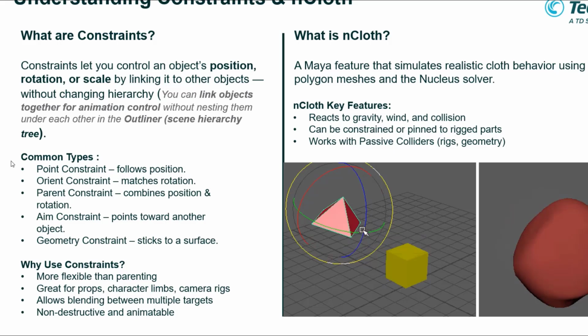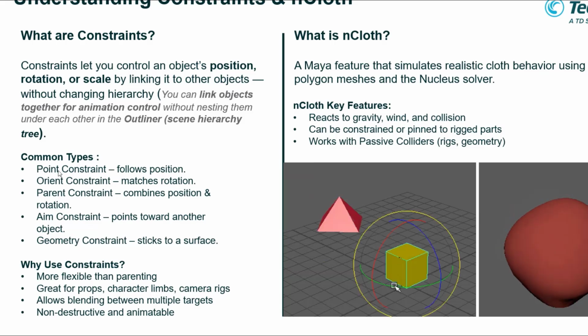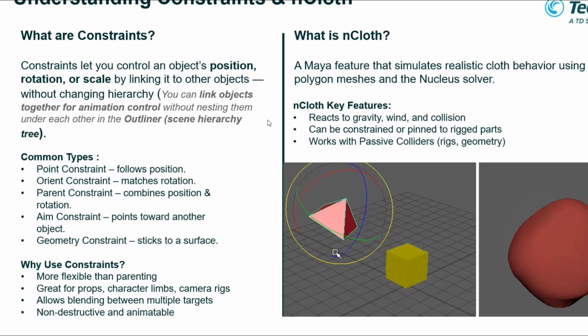Talking about the constraints, there are several types of constraints. I don't want to explain them one by one, so you can go to the Autodesk documentation and find out. One of them is the point constraint. Constraints are mostly used in the rigging process.